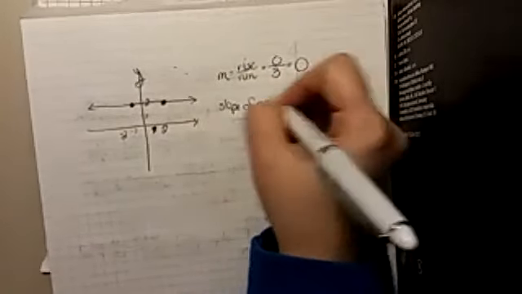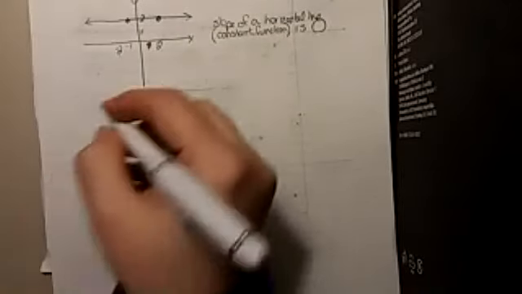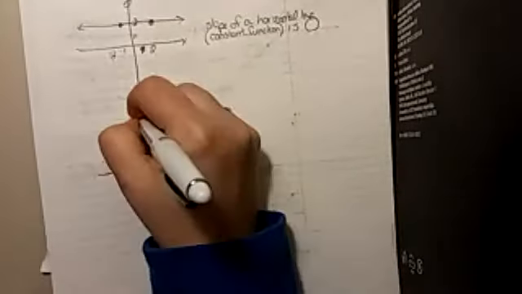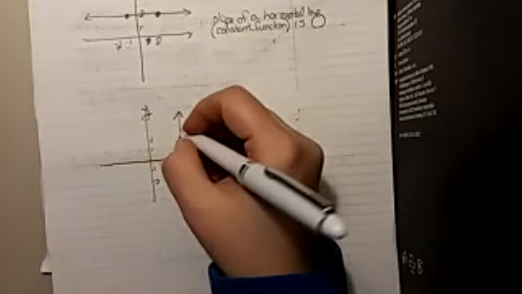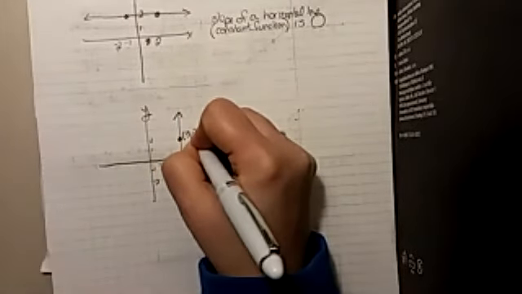Now let's take a look at a vertical line, which we know is not a function. So let's say that we have a vertical line going through 3 on the x-axis. And I'm going to go through this point and this point. This time, let's do it with our new formula. We know that this is the ordered pair 3, 2, and we know that this is the ordered pair 3, 0.